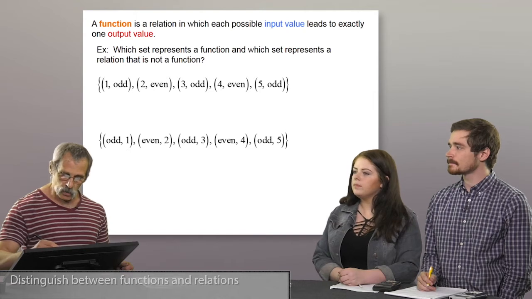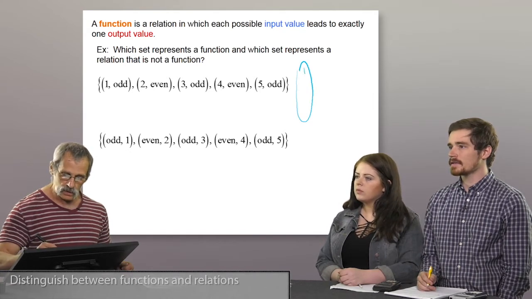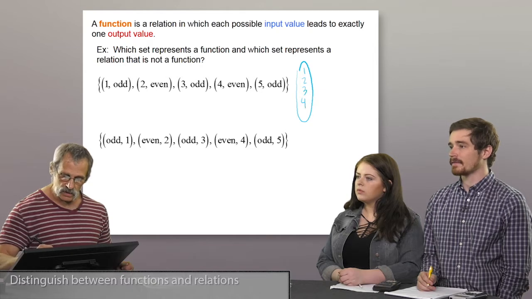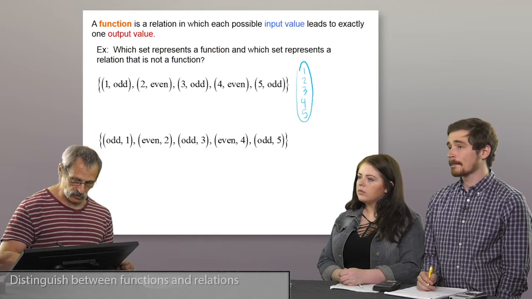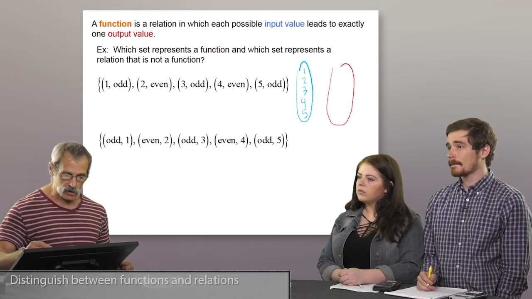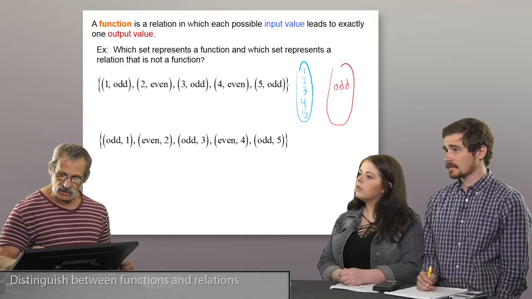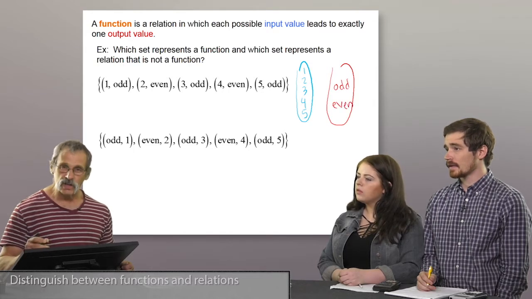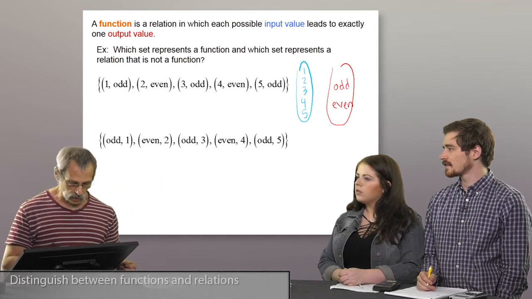My inputs are 1, 2, 3, 4, and 5. And my outputs are odd and even. Some of them repeat, so the unique ones are the odd and even values.